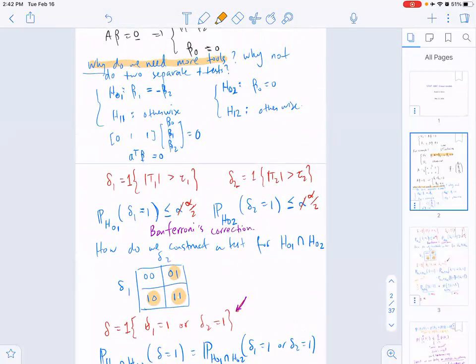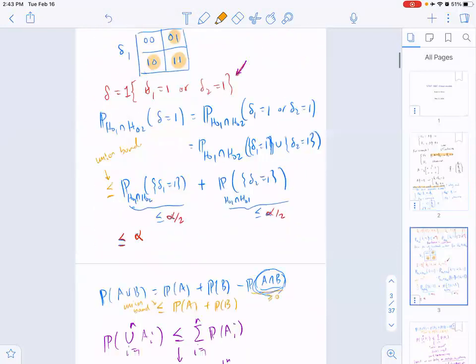So instead of using the specific threshold that we had, we're going to use a threshold which is slightly higher. So we're going to be more strict about when the alternative occurs. Instead of rejecting when the value is bigger than 2, we might be rejecting when the value is bigger than 3, to make sure that the type 1 error probability is small enough for the individual ones.